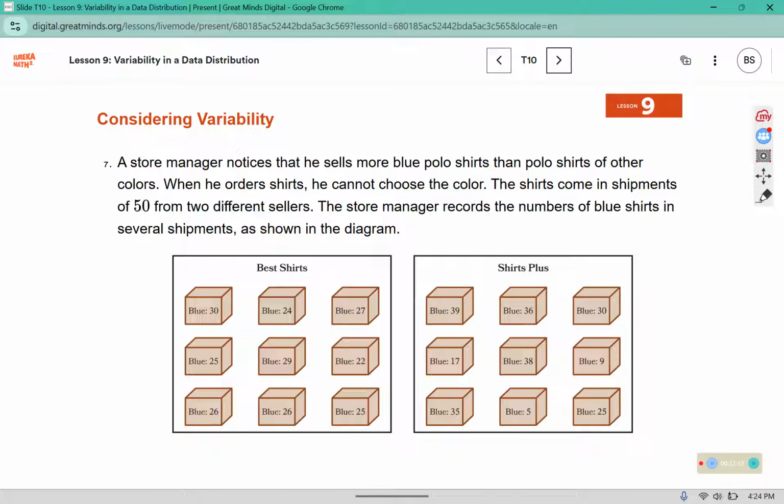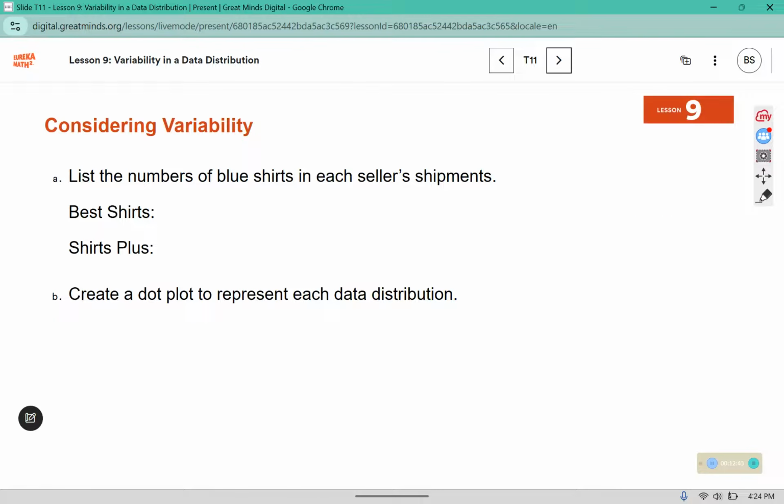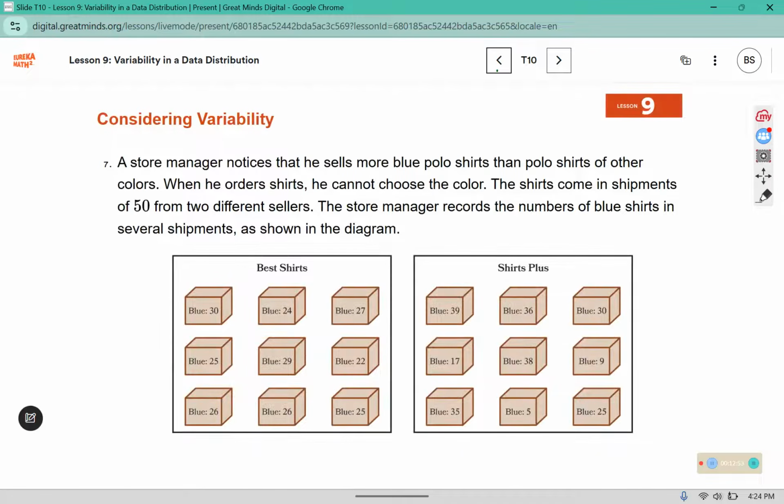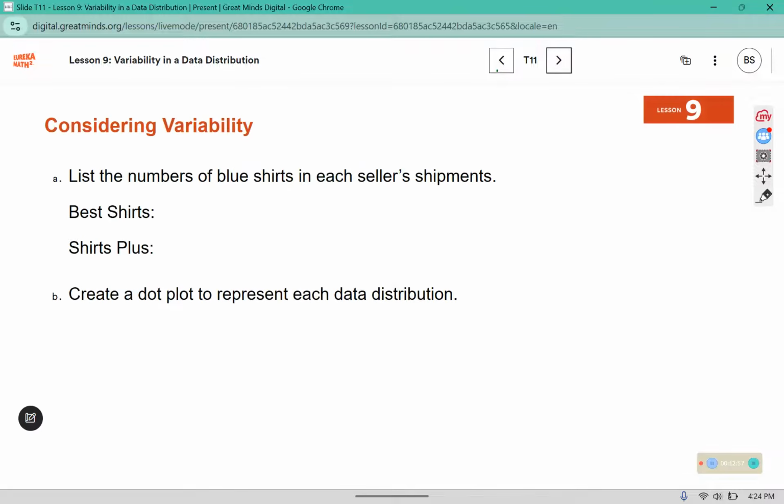So you can see from Best Shirts how many blue shirts came. Then from Shirts Plus, how many blue shirts came. List the numbers of blue shirts in each seller's shipments. So in the first one we had 30, 24, 27, and so on.